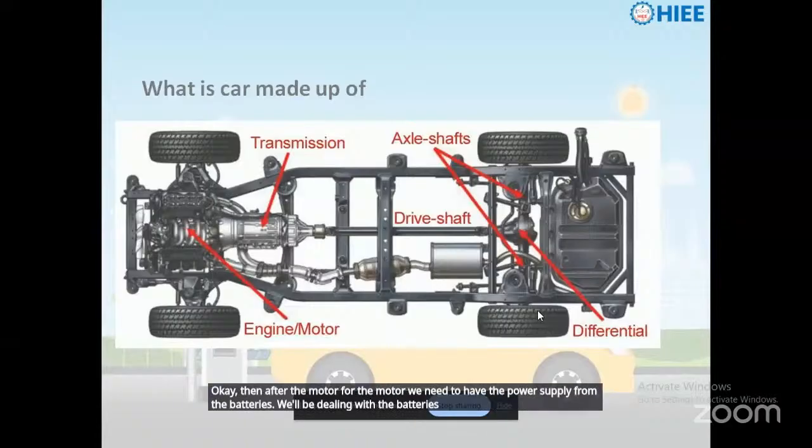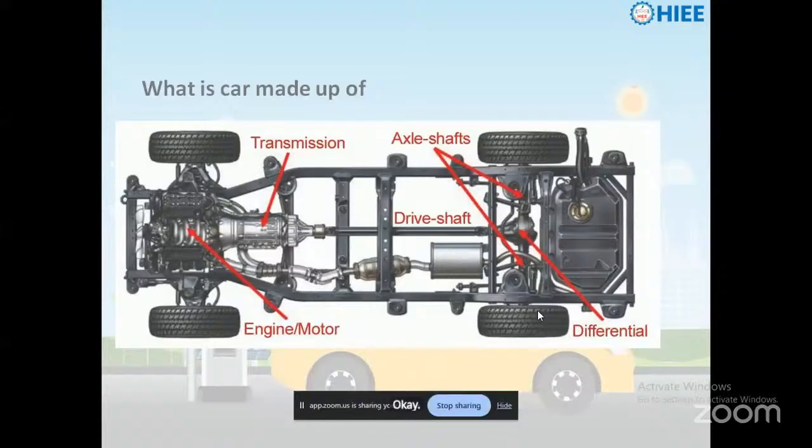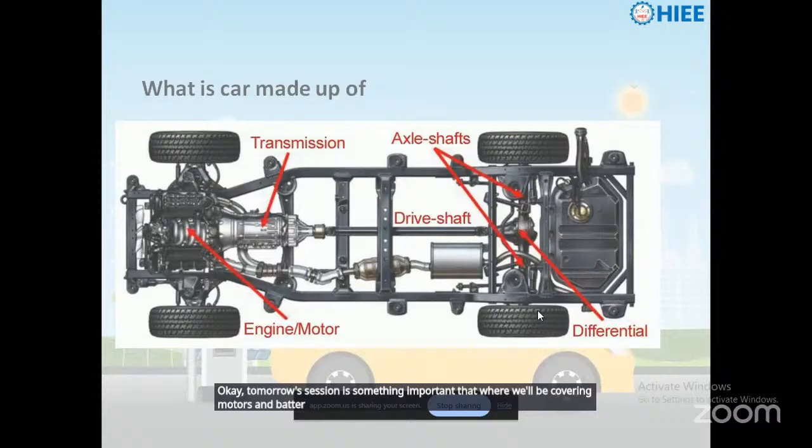Then in between, we'll have the converters and the controllers, which we need to deal with. Tomorrow's session is important, where we'll cover motors and batteries together. If you listen properly to tomorrow's session, then you can draw or simulate this battery and motor system in MATLAB.